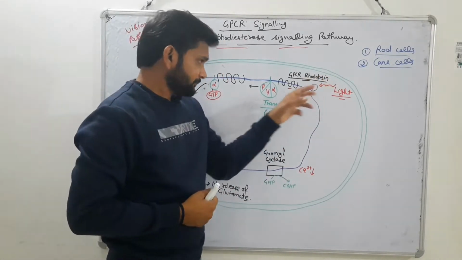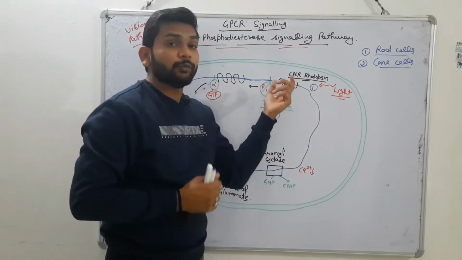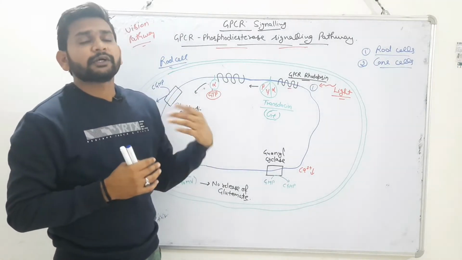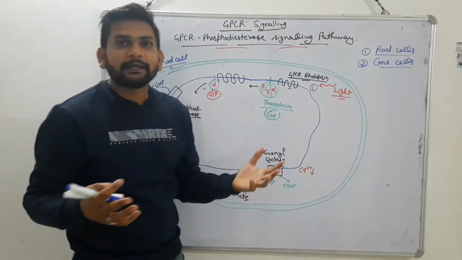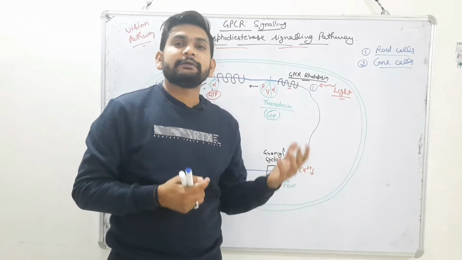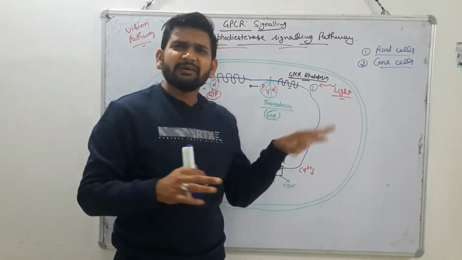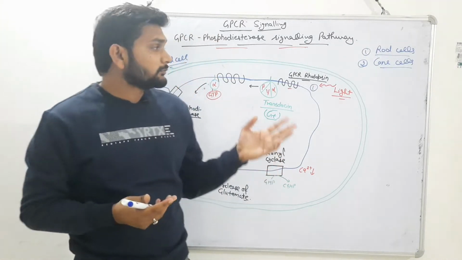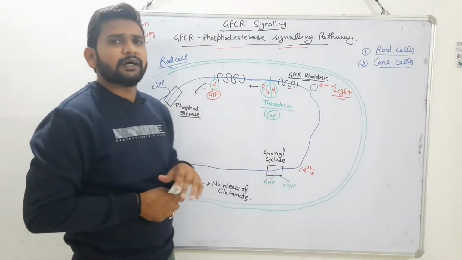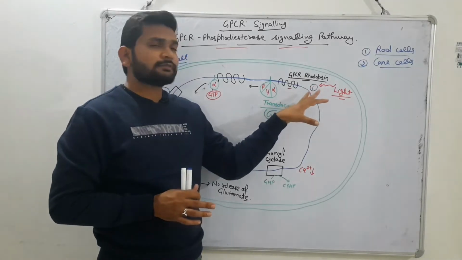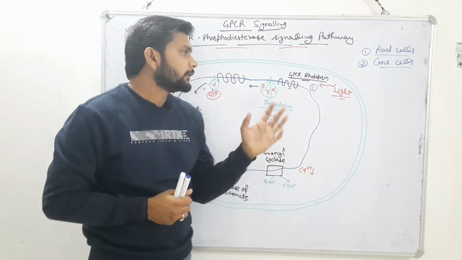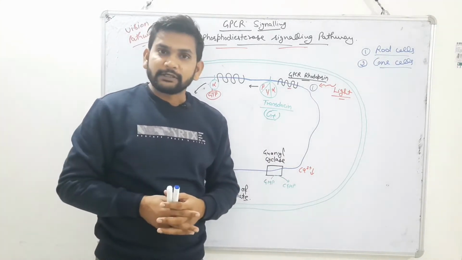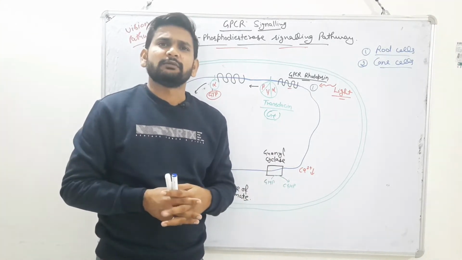Rhodopsin gets converted into 11-cis retinal and then 11-trans retinal. I completed all this in the last lecture, so you can check the description box, on how rhodopsin makes 11-cis and 11-trans retinal.